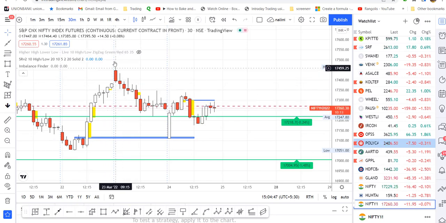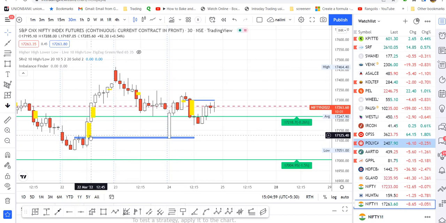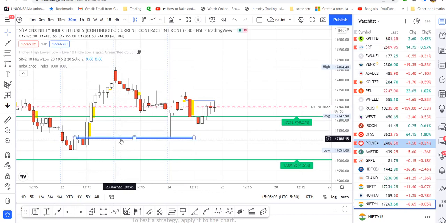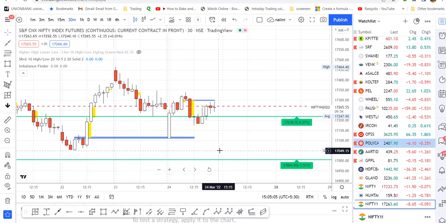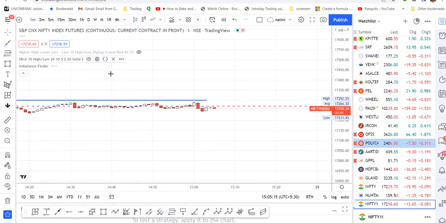So finally, the Nifty in the opening bell came down to the level of 17,111. There is the imbalance level on that candle. So by seeing that itself, I was able to make out Nifty is going to hold that level, and I changed my time frame to 1 minute.